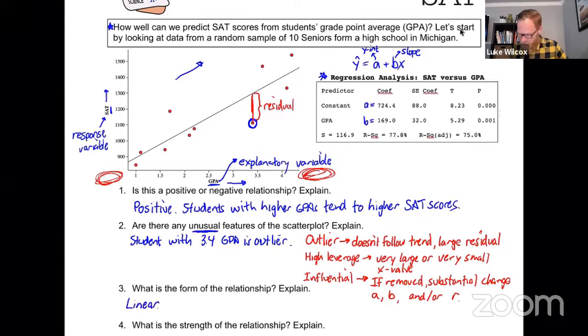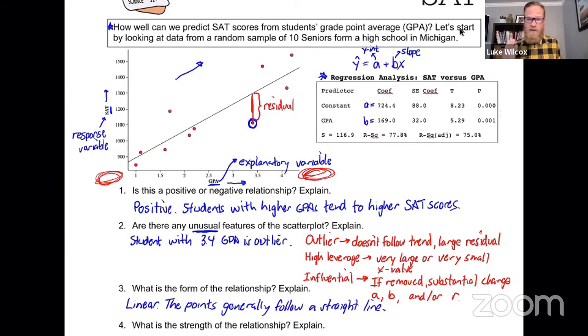And then we have to give some sort of explanation. This is just a general explanation, but we're going to say that the points generally follow a straight line. Now, there is a chance that you might get a data set that has a little bit of a curve to it, in which case you would say that the form is nonlinear.